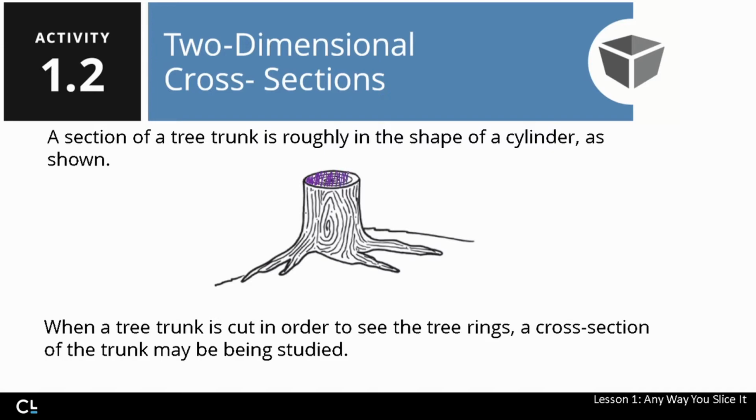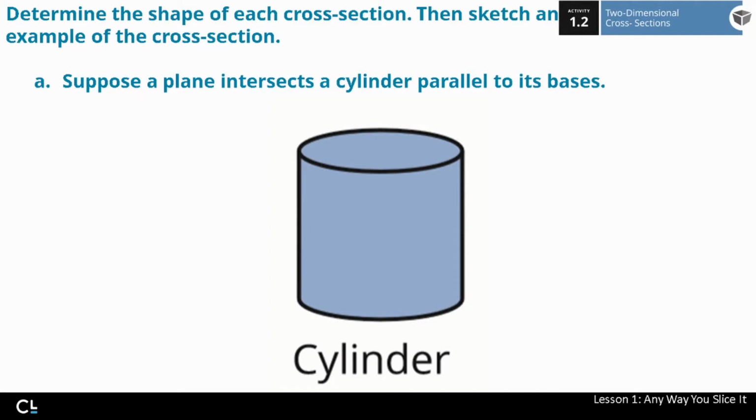Top of this tree trunk that we have here, which is what shape? A circle. So when we cut a cylinder like that along the line, it's going to give us a circle as our cross section, right? So determine the shape of each cross section and then sketch an example of the cross section, right?